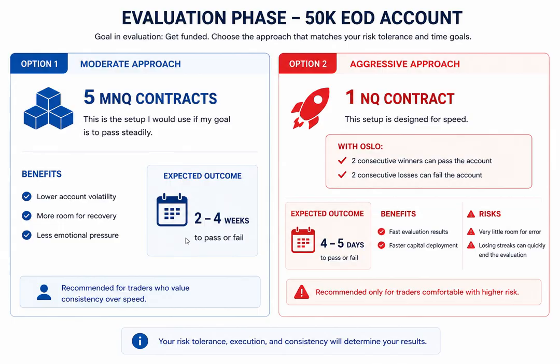Of course, if we get 4 consecutive winners, where one winner is $750, we can pass this account. So this is the average sizing for passing eval to funded, either moderate or aggressive approach.